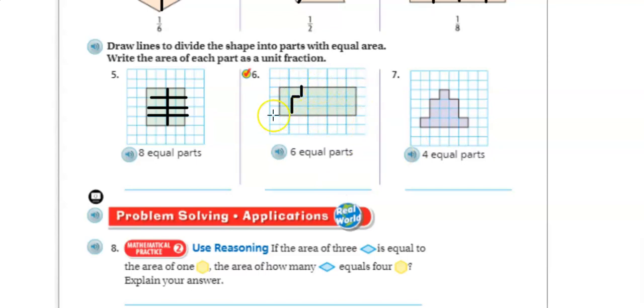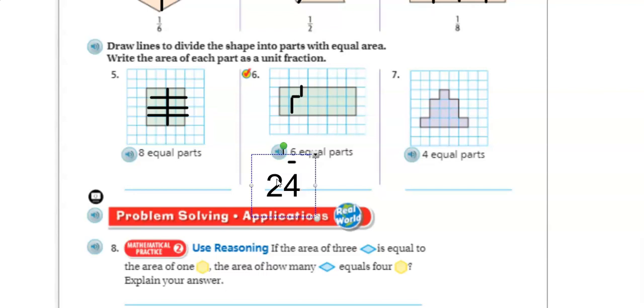8 times 3 is 24, but we are doing it into 6 equal parts. Remember, multiplication and division, so you take 24 and divide it.